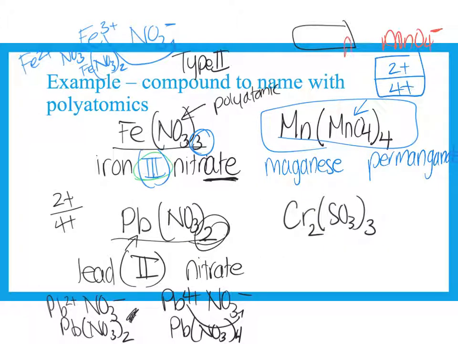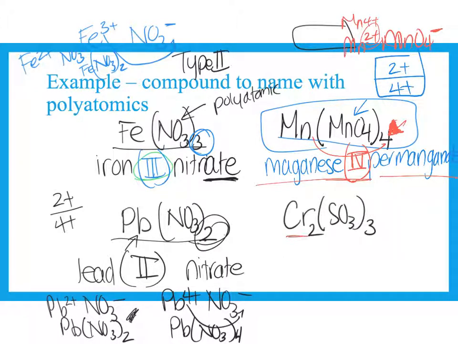So Mn can be 2 positive or Mn could be 4 positive. Remember that if it's 2 positive, am I going to end up with a 4 down here? Not likely, right? The only way that I'm going to end up with a 4 down here is if it was 4. So it's Mn4 or manganese 4 permanganate.